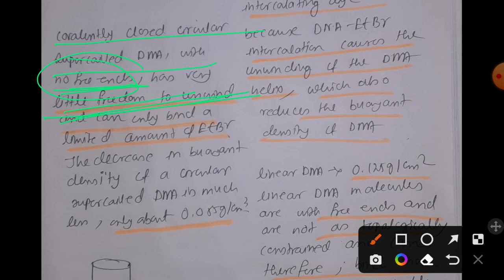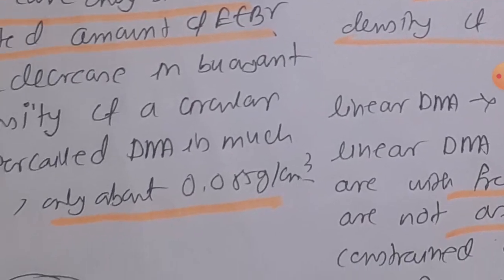It can only allow a limited amount of ETBr to bind, and that is why in case of covalently closed circular double stranded DNA molecule, there will be a very small decrease in the buoyant density, as much as 0.085 gram per centimeter cube.